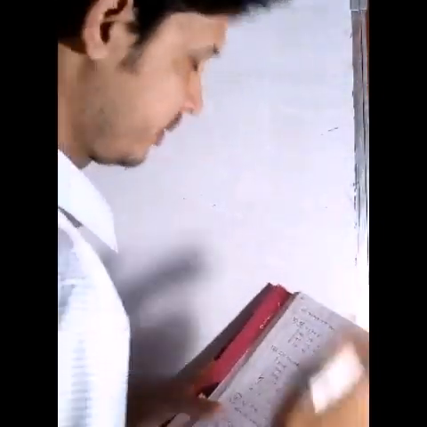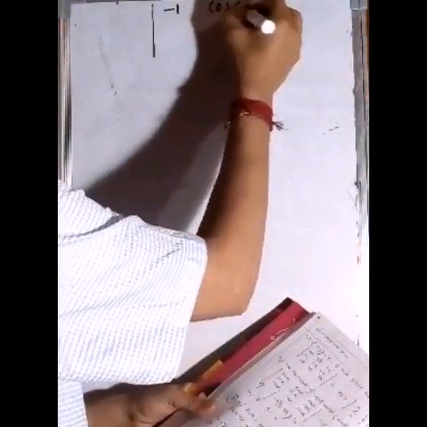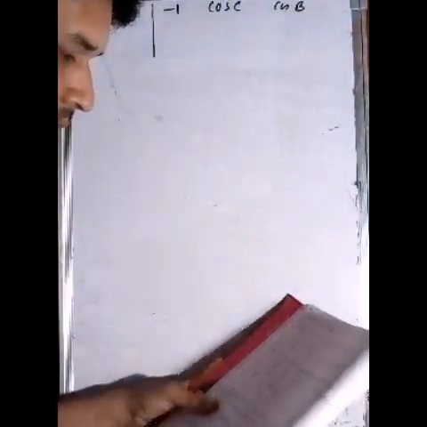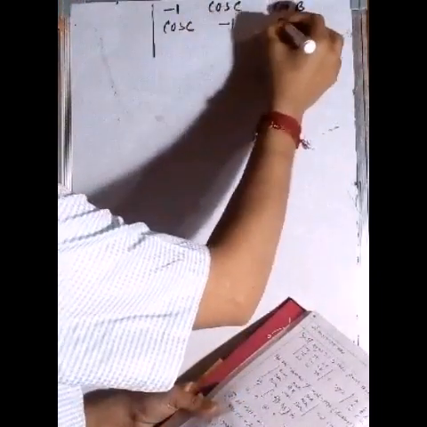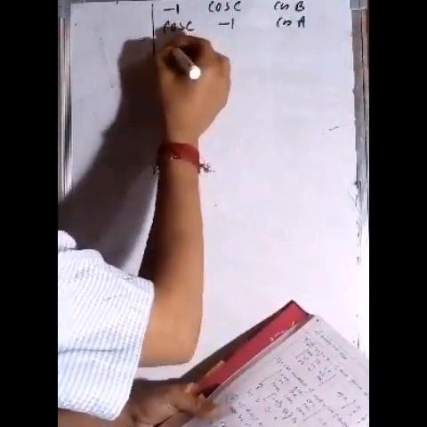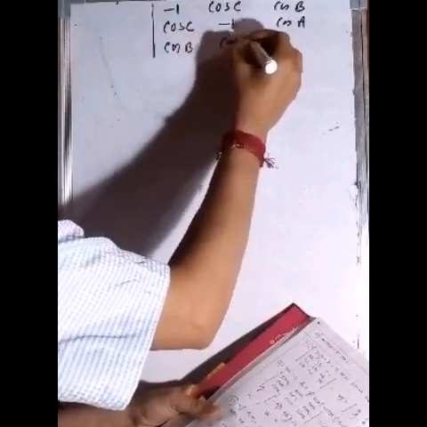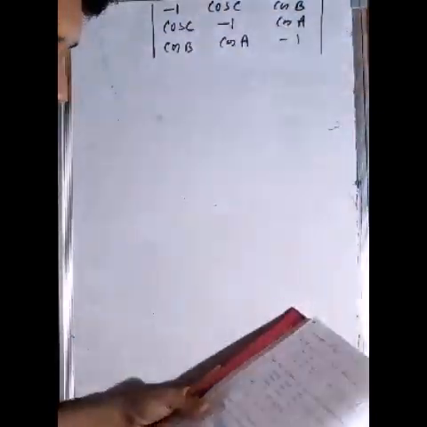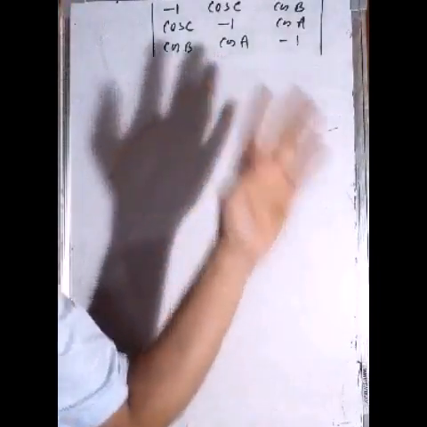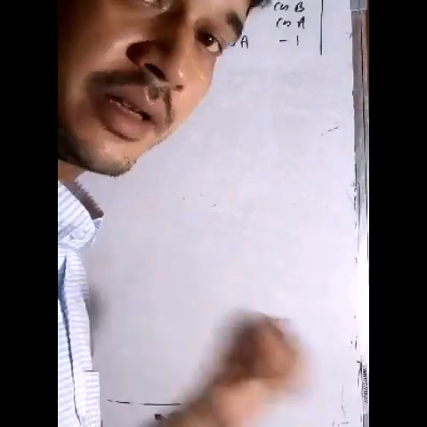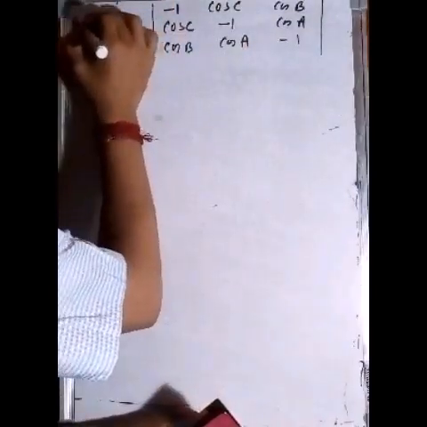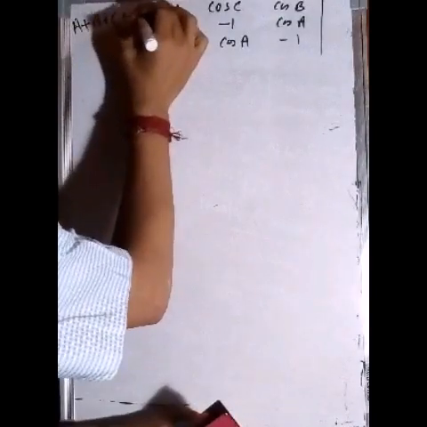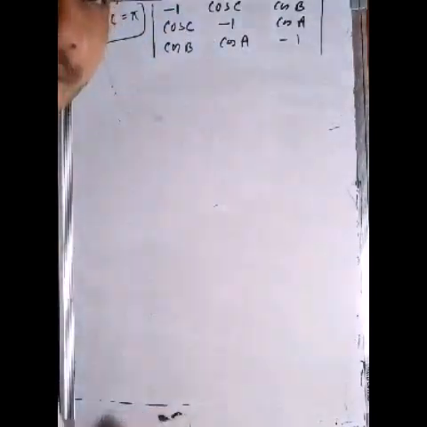The determinant is minus 1, cos C, cos B; then cos C, minus 1, cos A; then cos B, cos A, minus 1. We have to find the value of this determinant given that A, B, C are the angles of a triangle. So we have only one result, that the sum of the angles equals pi. So we write A plus B plus C equals pi.